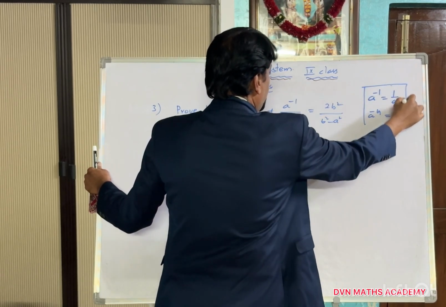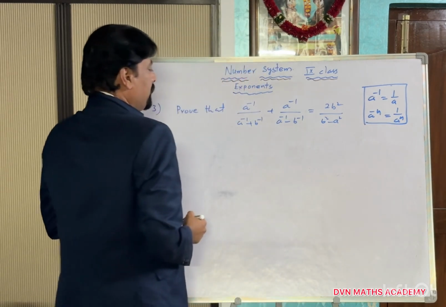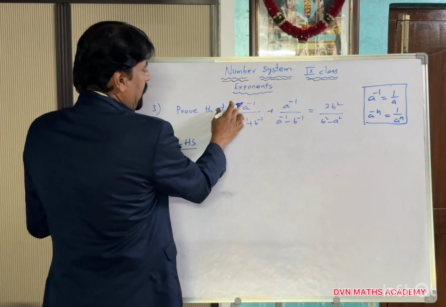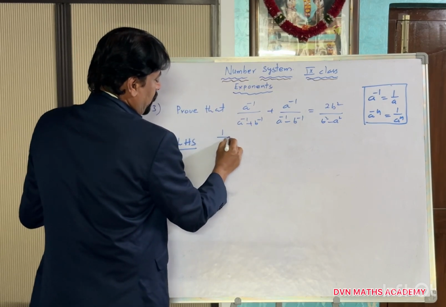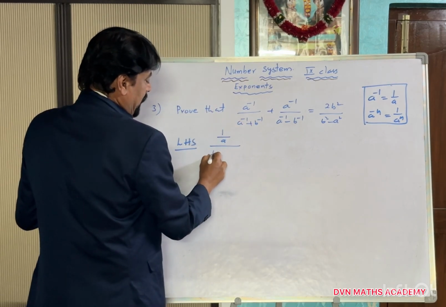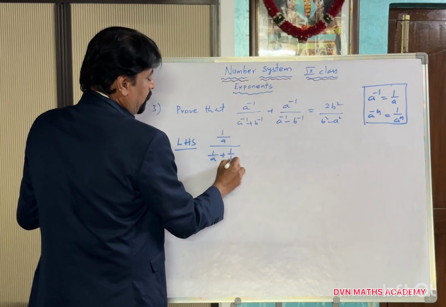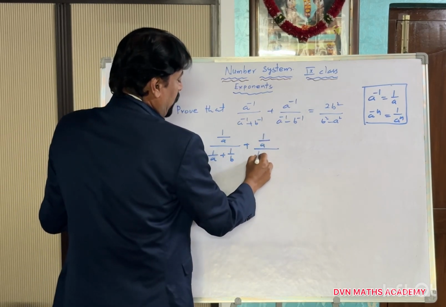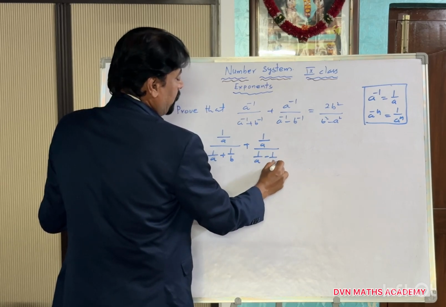This you know very well. So by this we can write LHS. LHS is this: a to the power of minus 1 I can write 1 by a, and this I can write 1 by a plus 1 by b, plus this again 1 by a by 1 by a minus 1 by b.